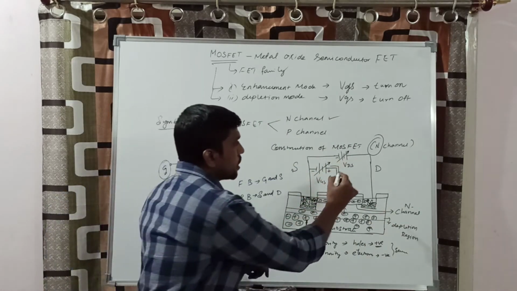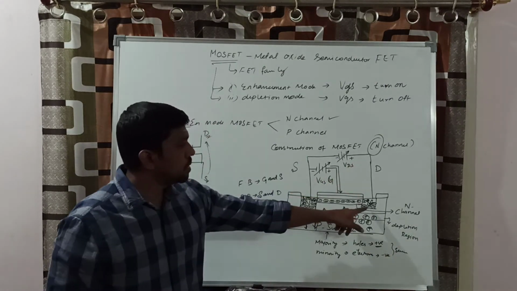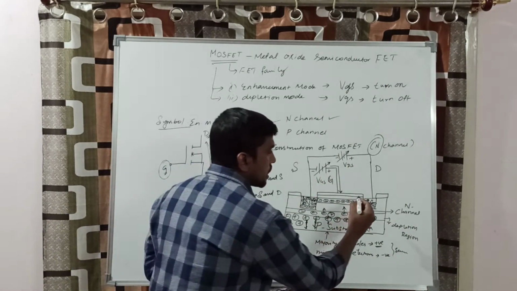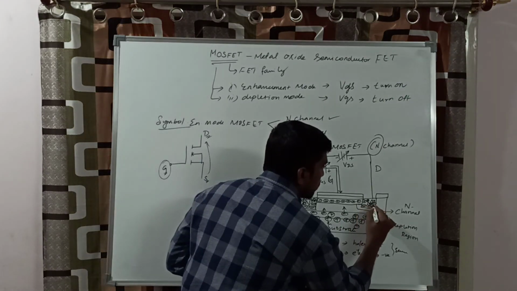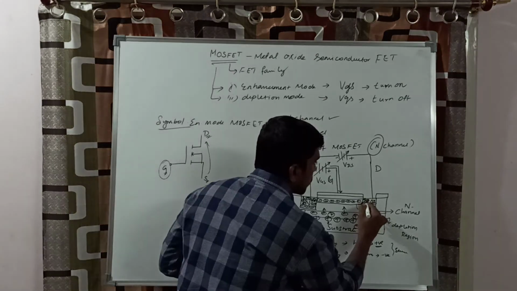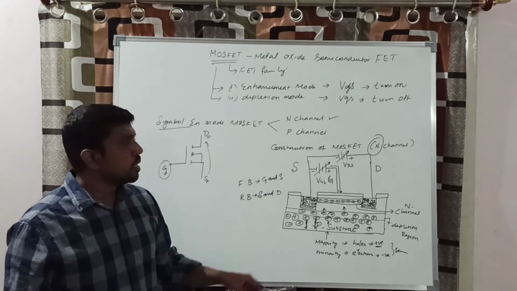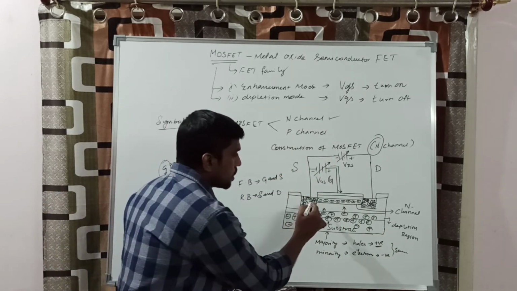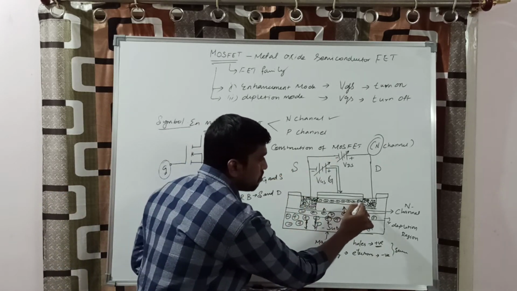This is negative, positive and negative, so it's different charges, which attract. The electrons move towards the drain. Holes move towards the junction. You gradually increase the voltage Vgs and Vds. At a particular time this junction breaks.